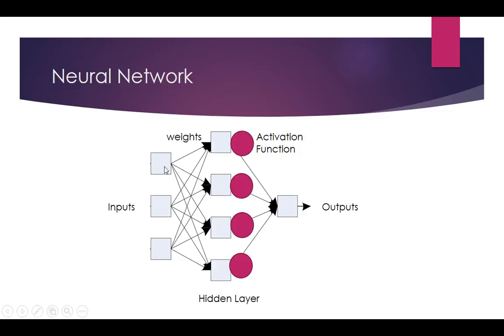The input comes to the input layer and then it gets multiplied with the weights, and then those are aggregated in the hidden layer that passes through an activation function, and the outputs of the hidden layers are aggregated in the output layer.